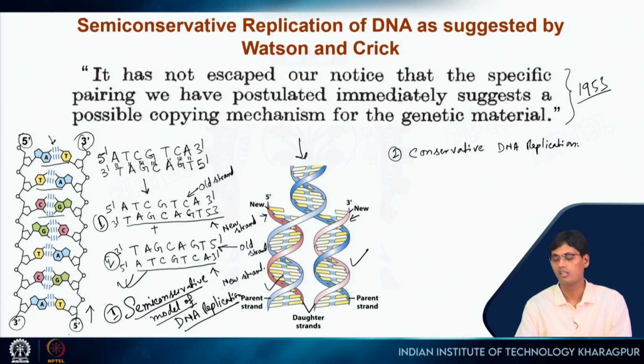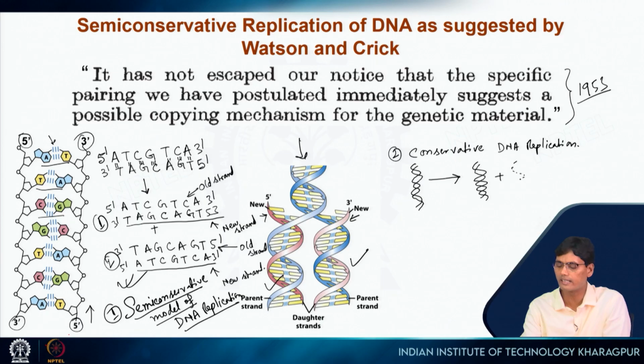Based on this hypothesis, if you have just a double-stranded DNA, then after replication in the next round, this DNA is preserved, this is the old DNA, plus one new DNA is synthesized here.